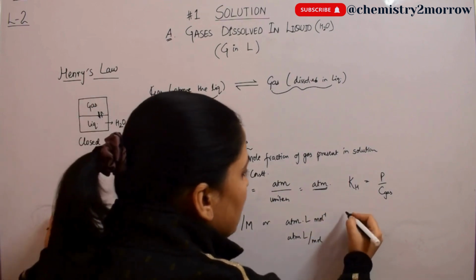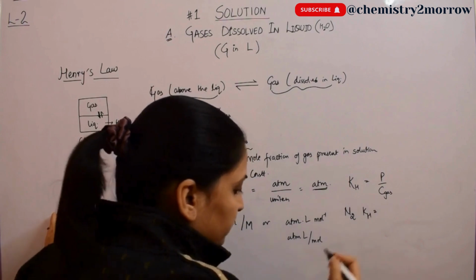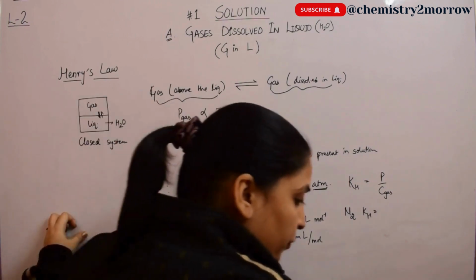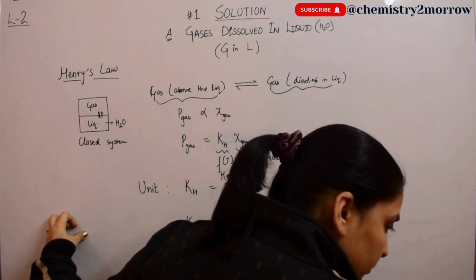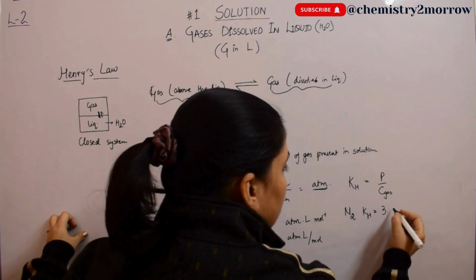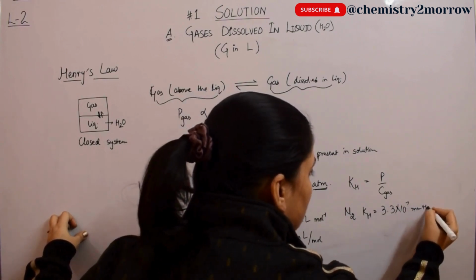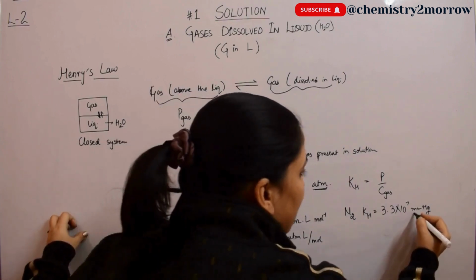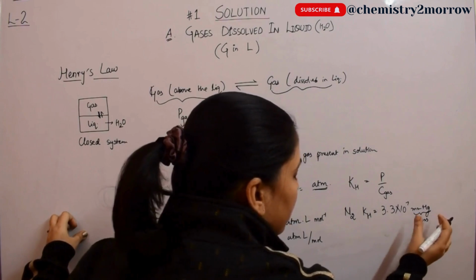Suppose it is saying that nitrogen gas has a KH of 3.3 into 10 to power 7 mm of Hg. So this mm of Hg is a unit of pressure. So in the denominator, there is no other unit.